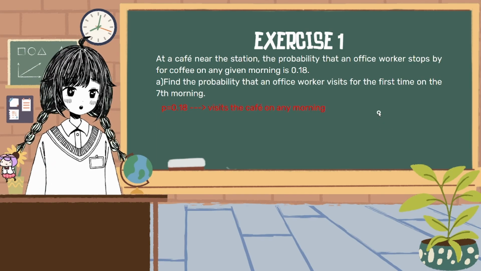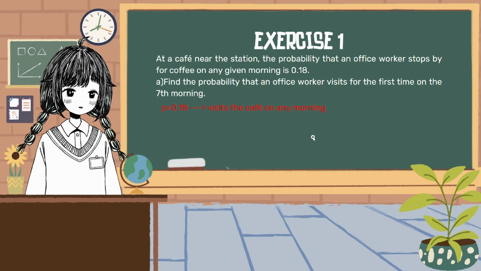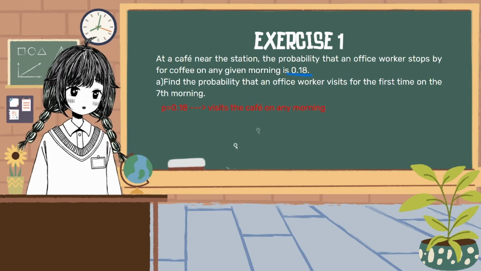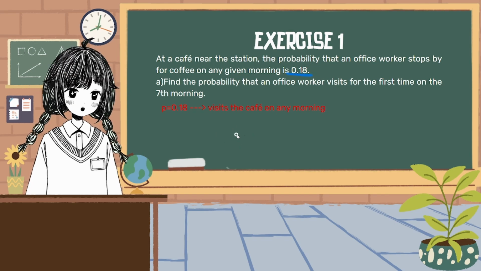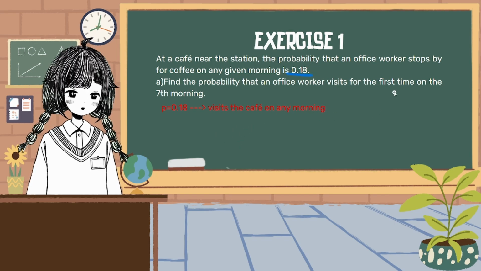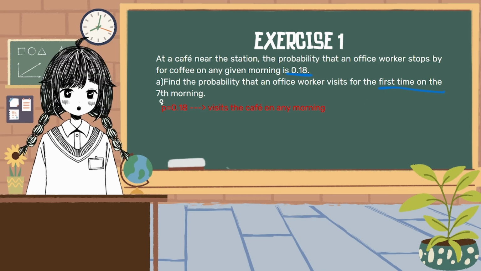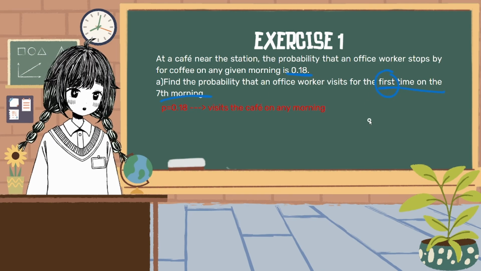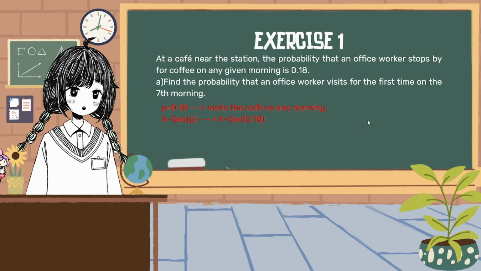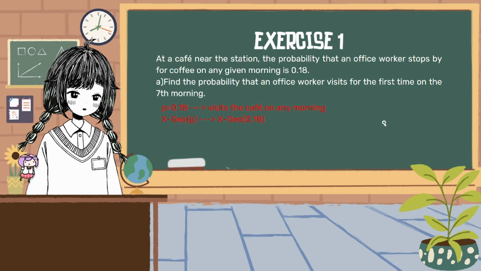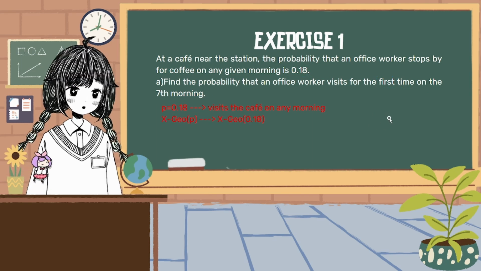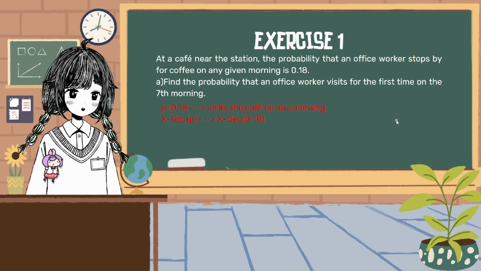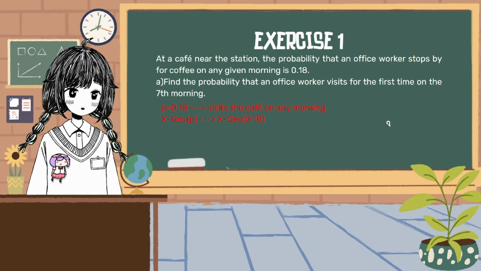So we're given the probability they visit the cafe on any morning is 0.18. This is our p-value. Look at the keyword here. First time on the 7th morning. First time, first. So we use geometric formula since this is a geometric distribution problem because we're looking for the first success.